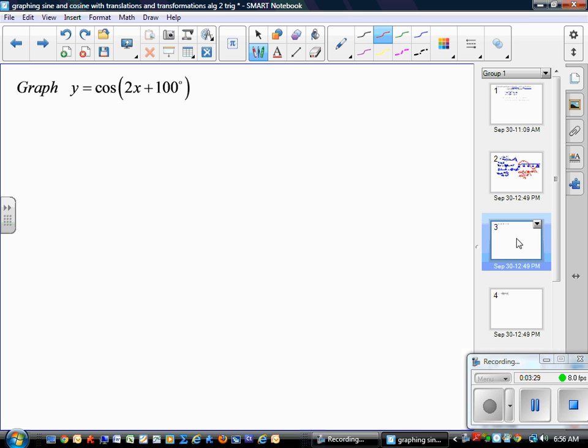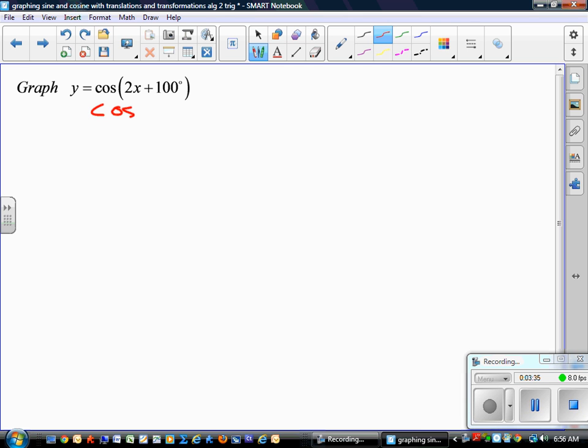Similar situation, except we've got a cosine function. We're going to factor out once again that 2. So I've got the cosine of 2 times x plus 50. I've got an amplitude of 1 again. I've got a period of 360 over 2, or 180.